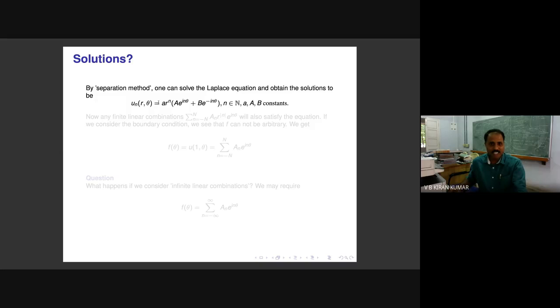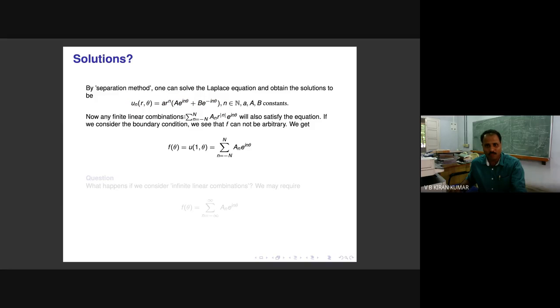Now, once these are solutions, and again by the linearity of the problem, you will see that any finite linear combination of this form, where n varies from minus N to positive N, with capital N a constant, and terms r^{|n|} e^{inθ}, will also satisfy the equation.